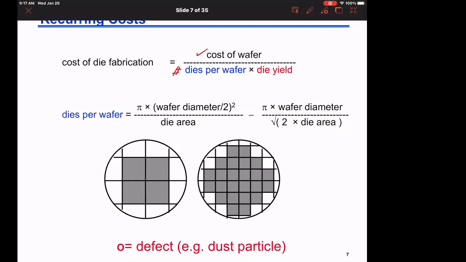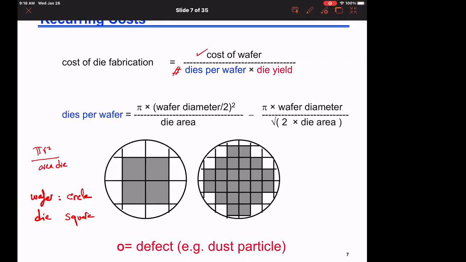The wafer is circular shaped and the die is square shaped. If I tell you how many dies per wafer I have, you will tell me it's simple. I'm going to divide the area of the wafer, which is pi r squared, by the area of the die.